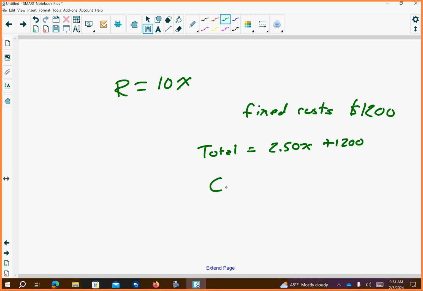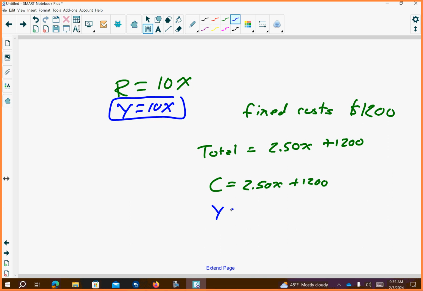So we're going to call this cost equals 2.50x plus 1,200. And then we want to find the break-even point. Okay. So that means I'm going to take my revenue equation, so I'll make that y equals 10x. And I'm going to take this, which we could just call y equals 2.50x plus 1,200.